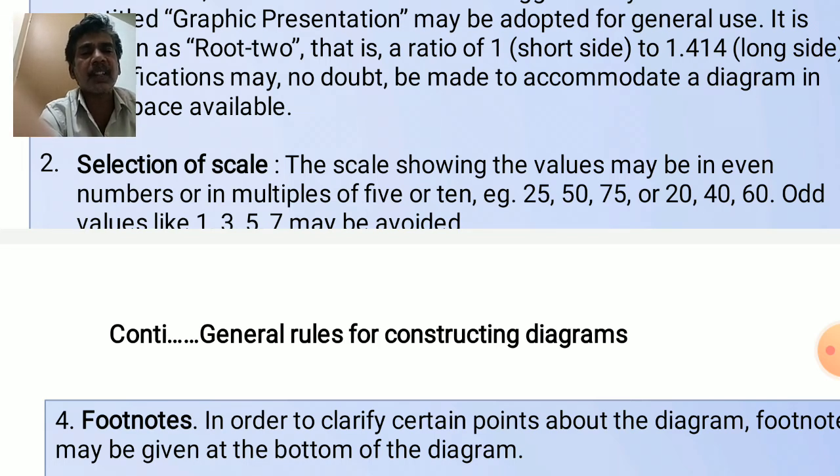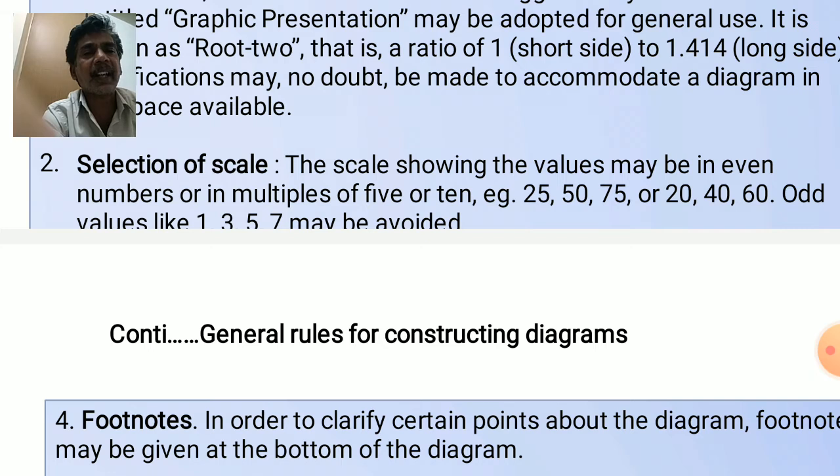And selection of scale, so a proper scale should be taken into account.